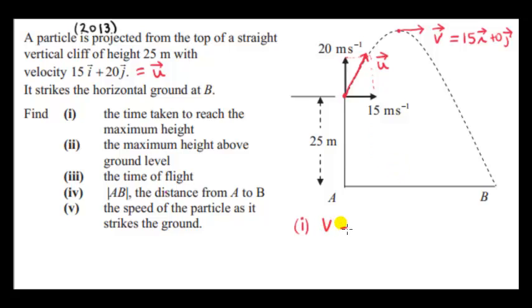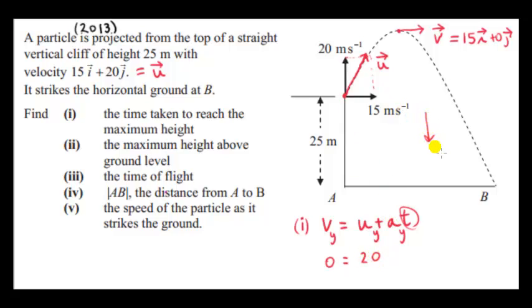So we're dealing with essentially linear motion with constant or uniform acceleration, but we apply this formula in the y direction. So we want the time, but we know that Vy is 0 when the particle reaches its maximum height. Uy is the initial velocity in the y direction, which is pointing upwards, the positive direction.